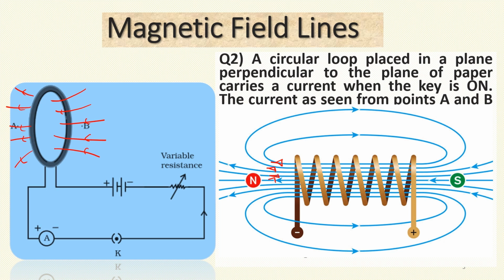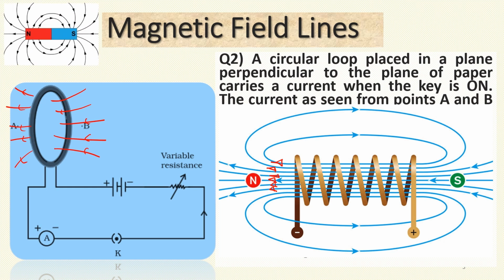This is the direction in which the magnetic field lines are coming out. If you compare it with the bar magnet, the end through which the magnetic field lines come out is the north. Hence, the end where the magnetic field lines are coming out is the north pole.